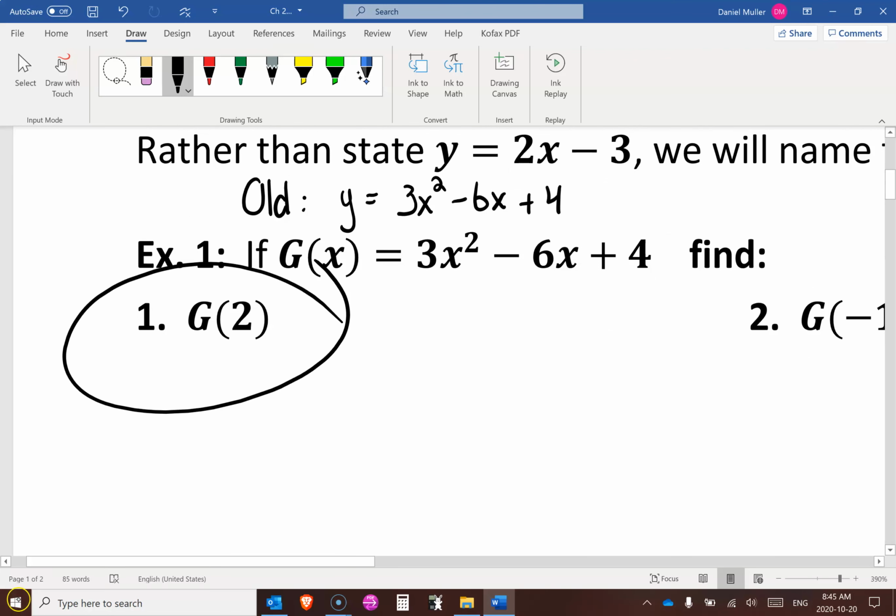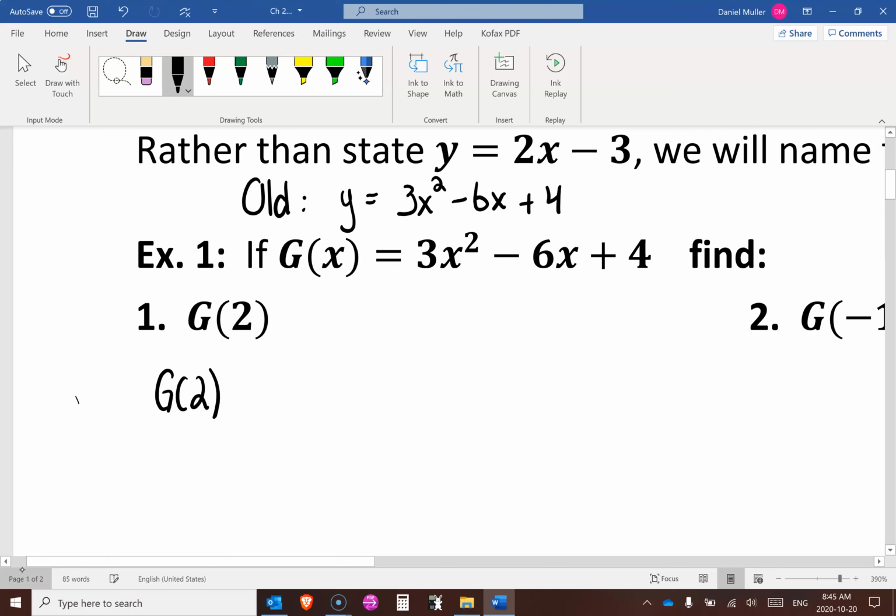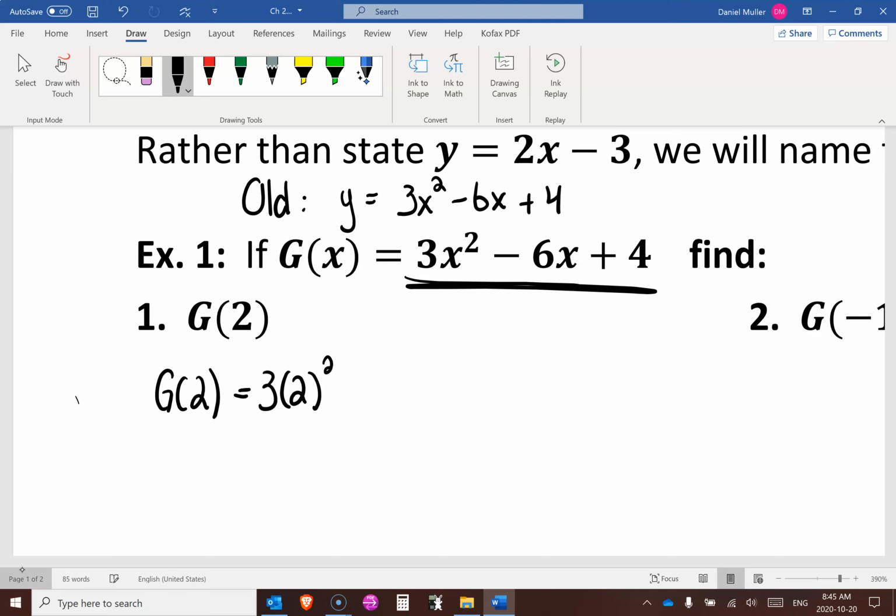We want to put 2 into the equation. This says there's a function g, and we're going to put 2 in. So g of 2, this is not g times 2, it's g of 2, is equal to, and then we can actually just put 2 into here. So 3, and then x squared will be 2 squared, minus 6 times 2, plus 4.